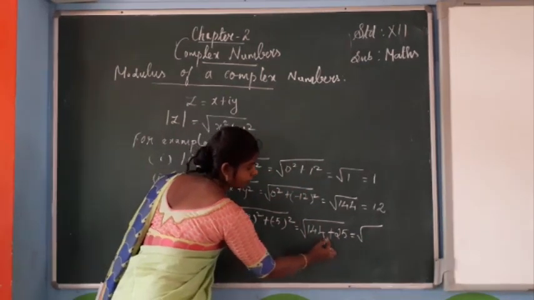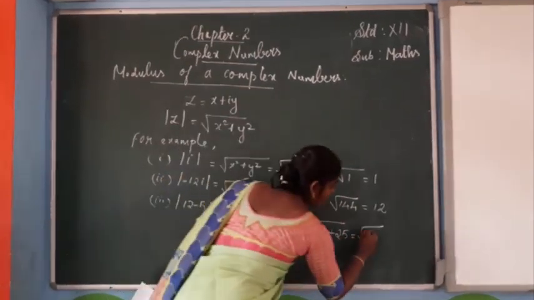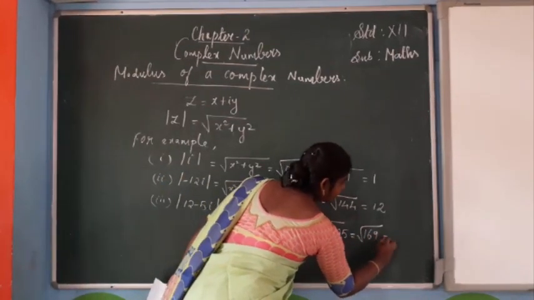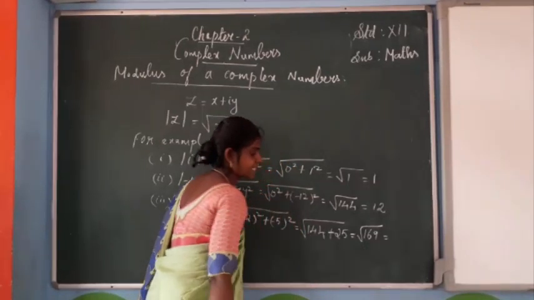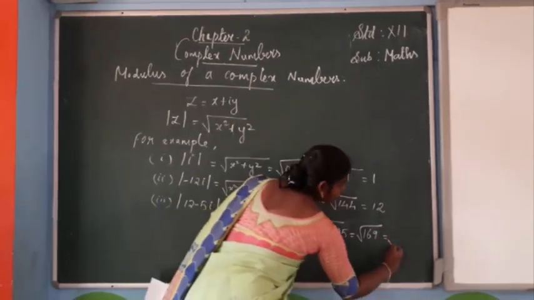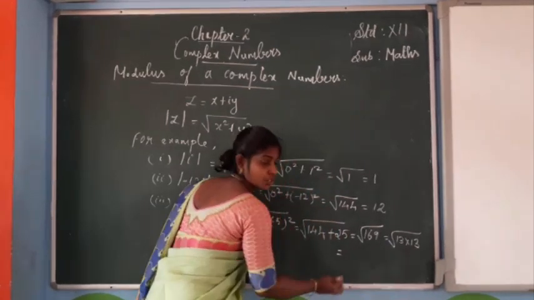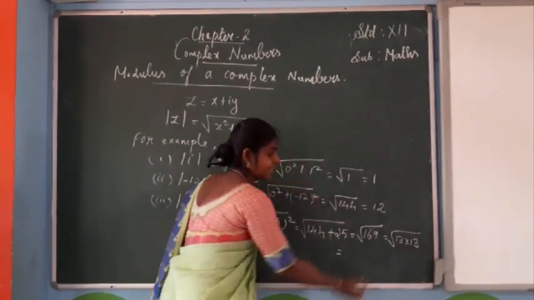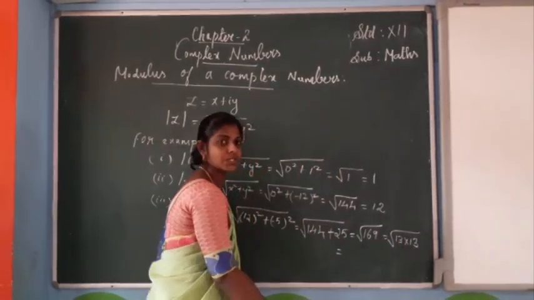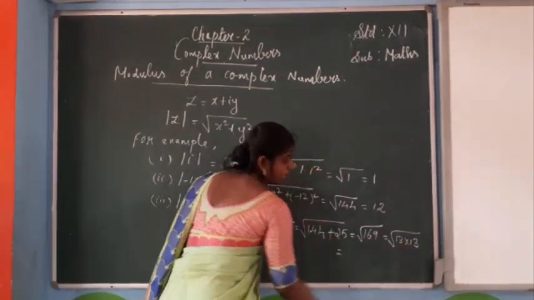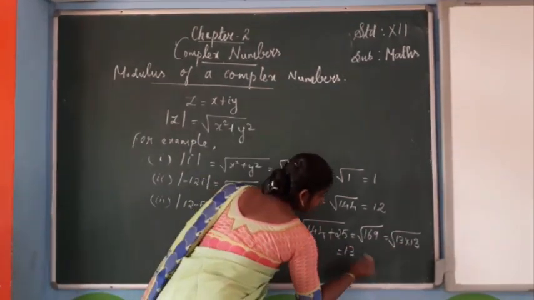If we add 144 plus 25 the value is 169, that's equal to root of 169, so root of 13 into 13. If inside the root you have the same values, you can take one value outside, that is 13.